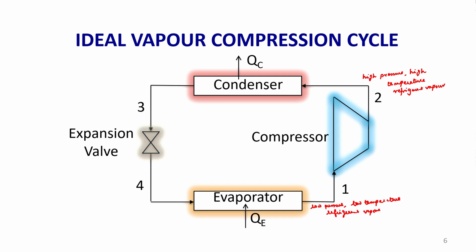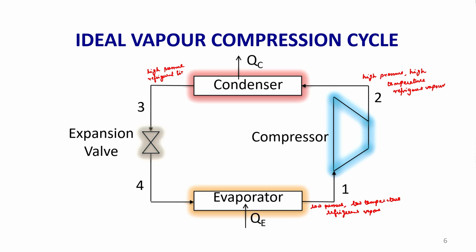Now the process which takes place in the condenser is a phase change process where the high pressure, high temperature vapor converts into liquid. So here I have high pressure refrigerant liquid.